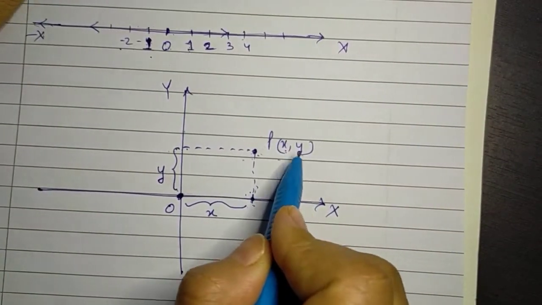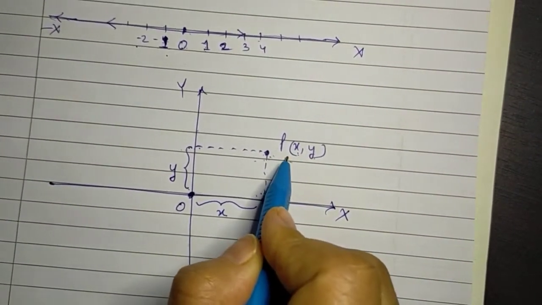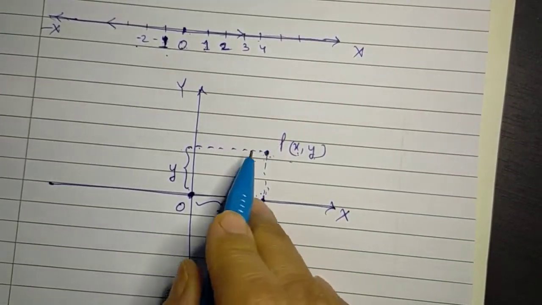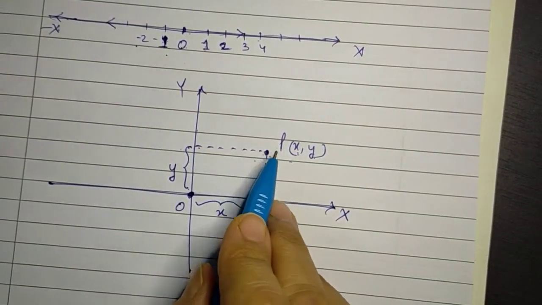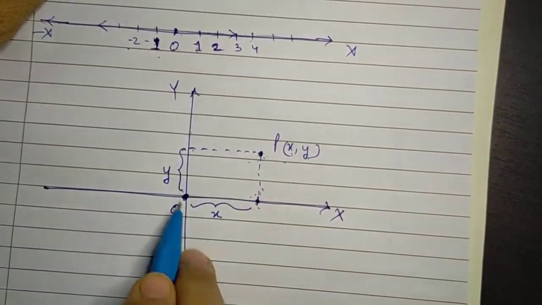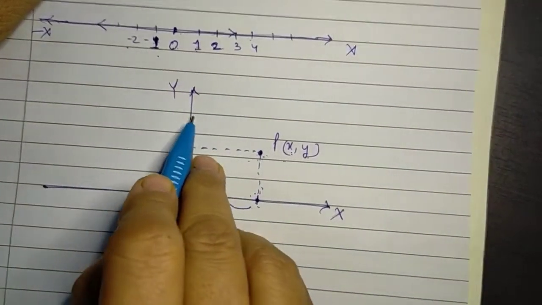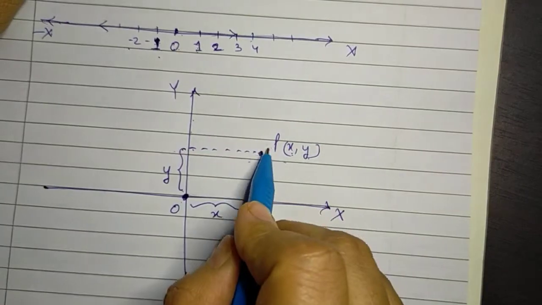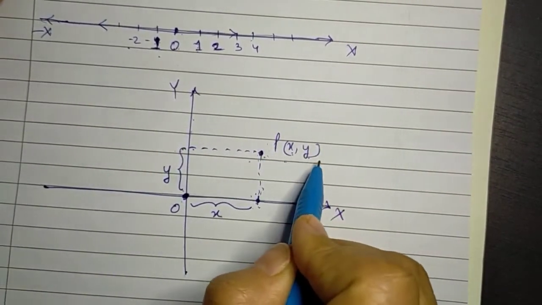And if we know both these x and y coordinates, that is, if we know the position of this point with respect to two fixed directions, x axis and y axis, then we know this point uniquely.